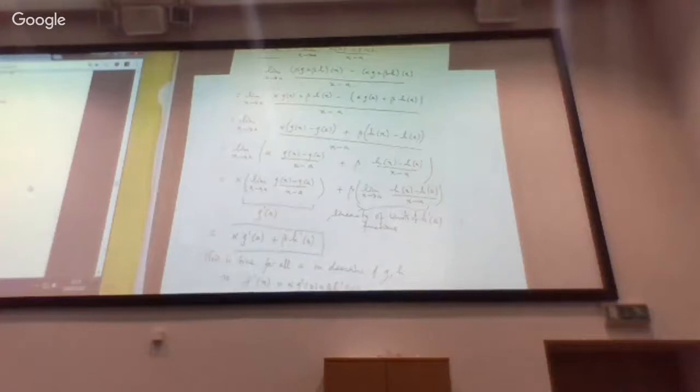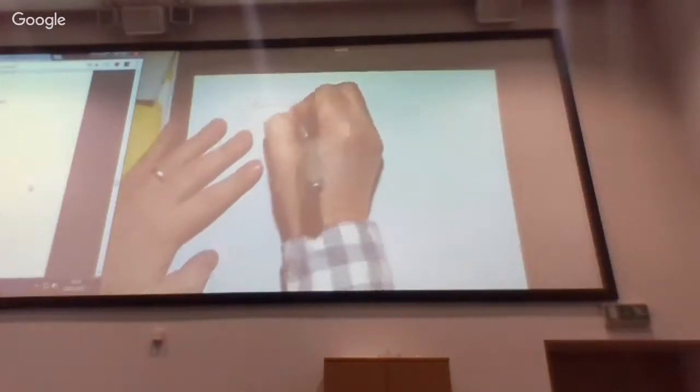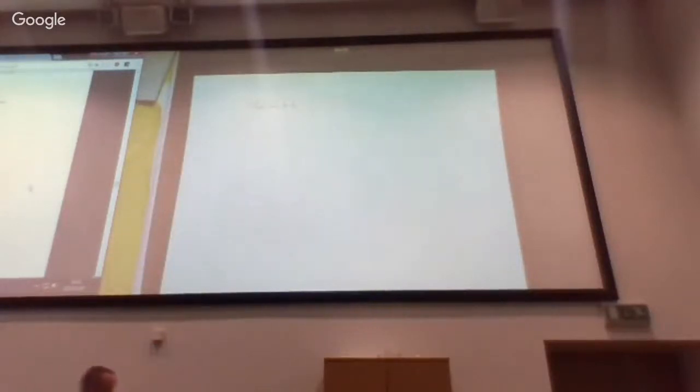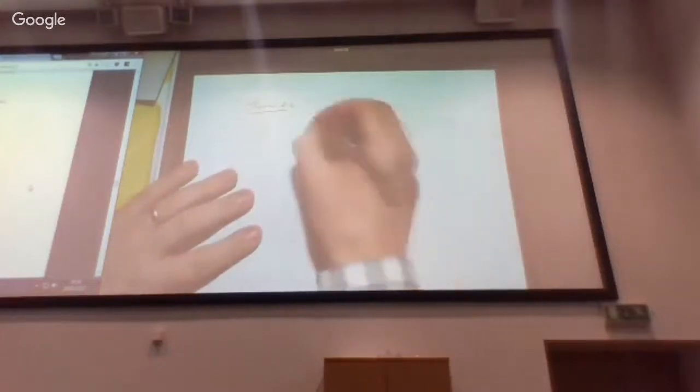So our attention will go to the next one, which is the product rule, Theorem 4.6. Before we go into this, we'll do a warning.